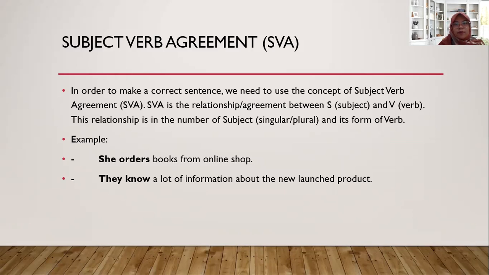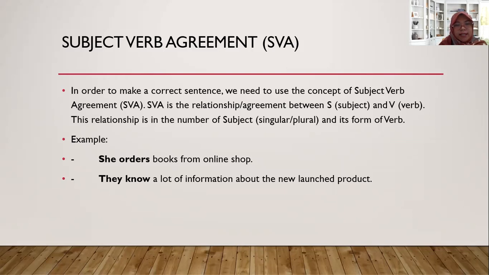Whenever the subject is singular, we need to put s in our verb. Whenever the subject is plural, we don't need to put s in the verb. So look at the example to make it all clear. The first one is: she orders books from an online shop.